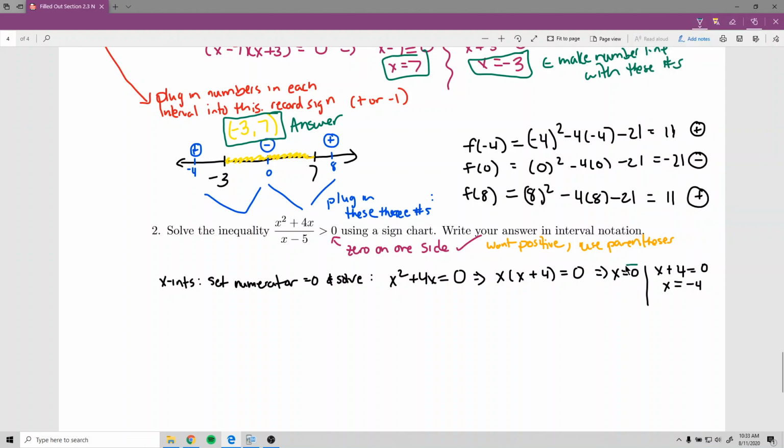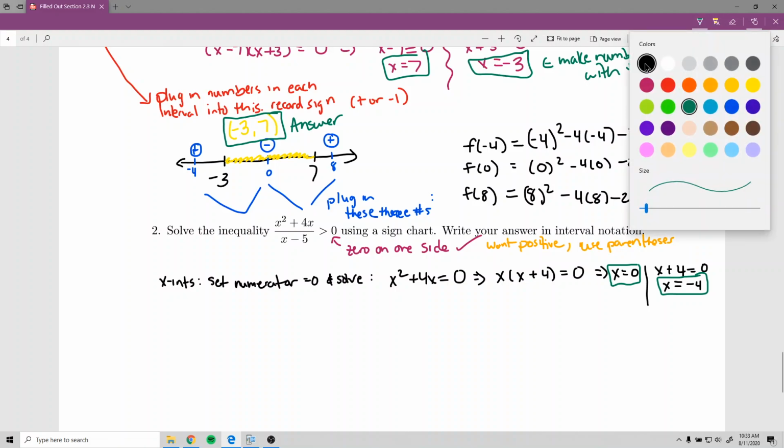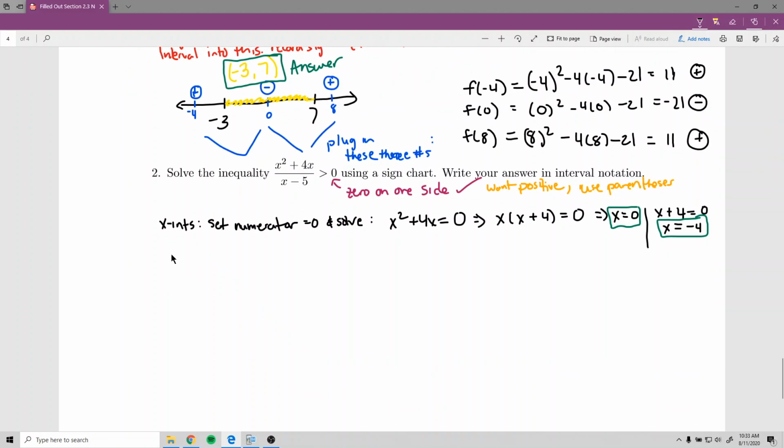Now these two numbers are going to go on the number line, but because we have a fraction here, we cannot forget about doing the denominator as well. So we want to do points where it's not continuous, because we're lifting up our pencil, it might switch there.